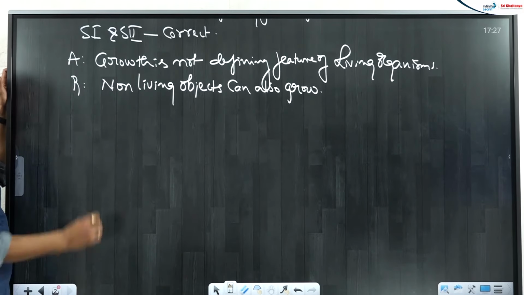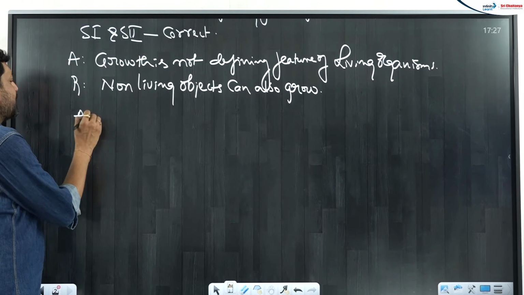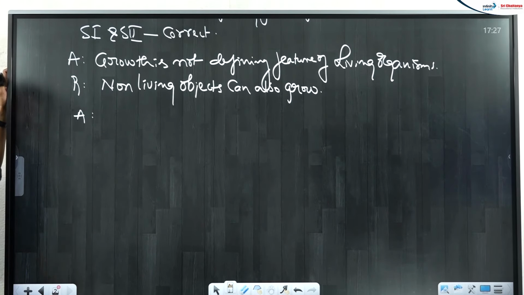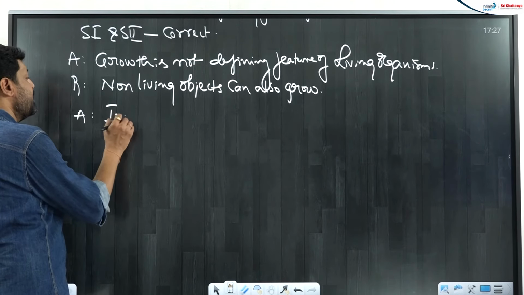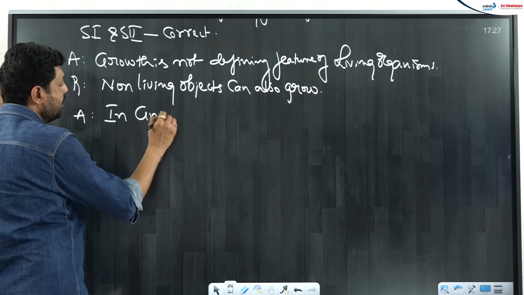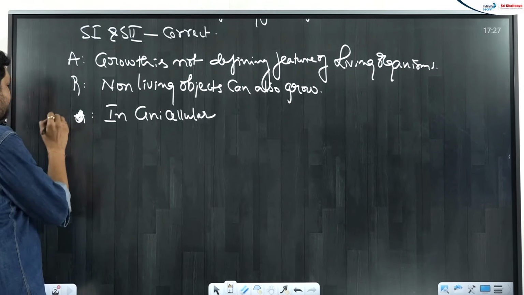In one more PYQ, previous year question. What is that question mentioned here? This is not assertion, this is a statement question.